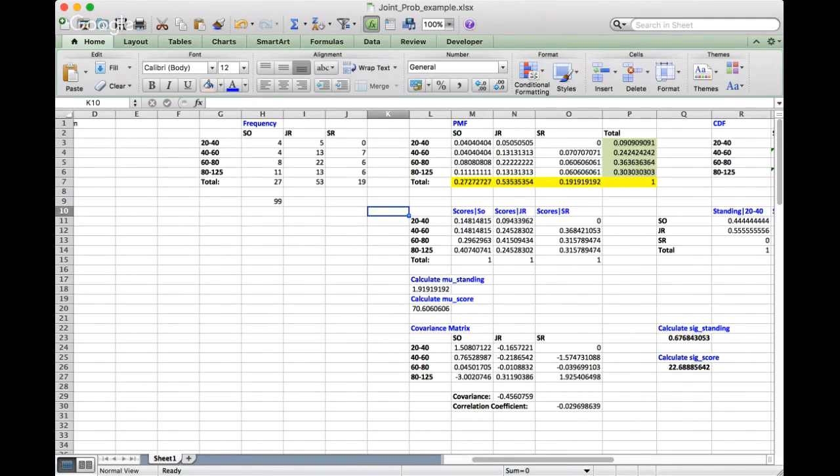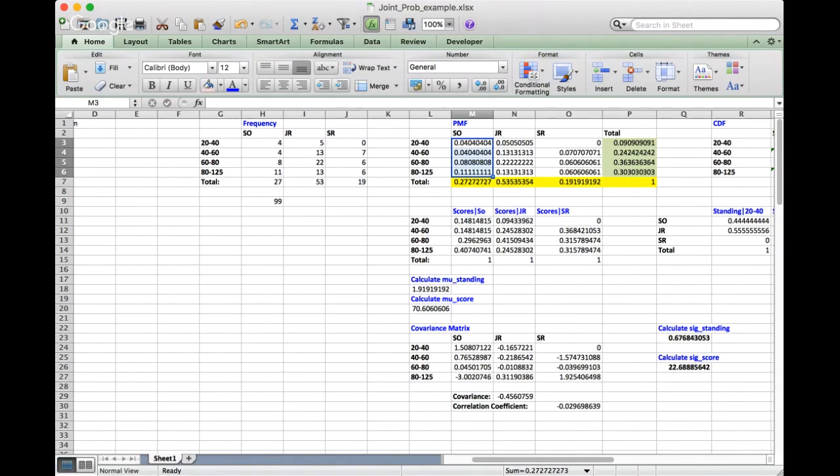Now, one of the questions was related to marginal distribution. I was supposed to create a marginal distribution for class standing, and also a marginal distribution for scores. To create the marginal distribution for class standing, all I have to do is sum up all of the probabilities associated with sophomores, because I don't really care what score they got.